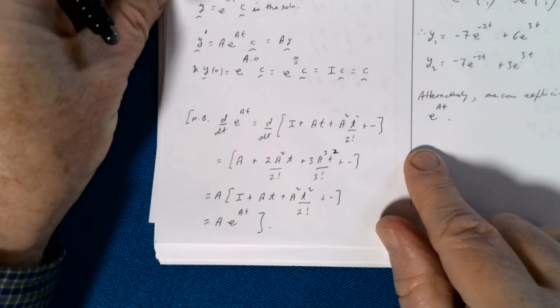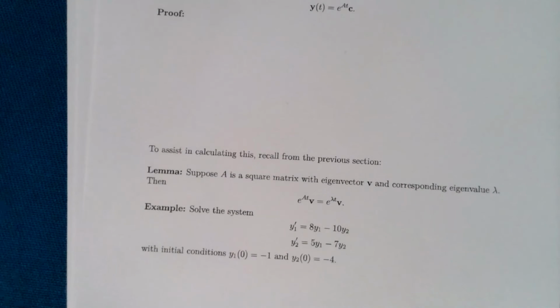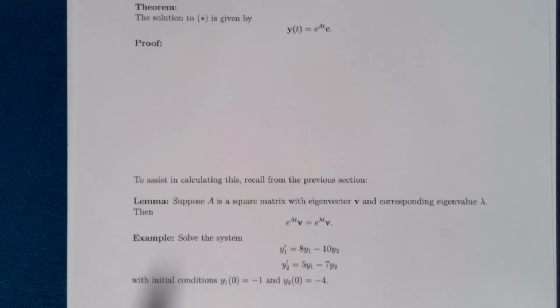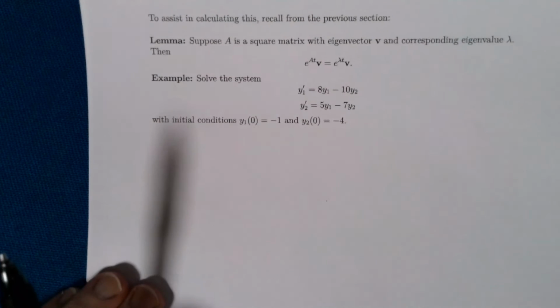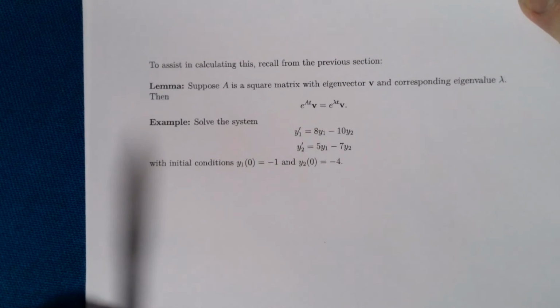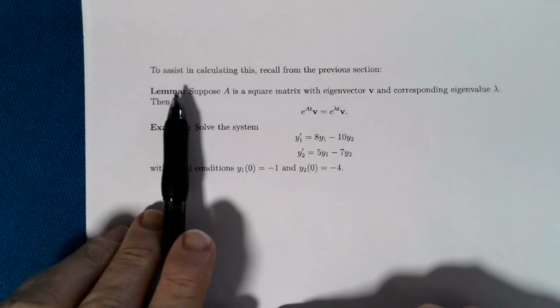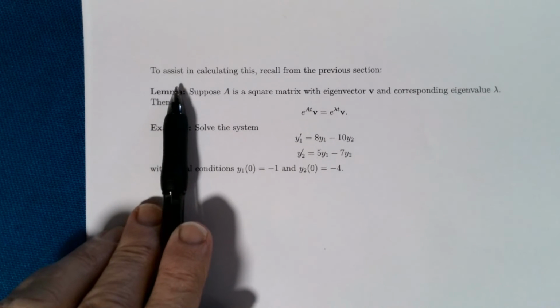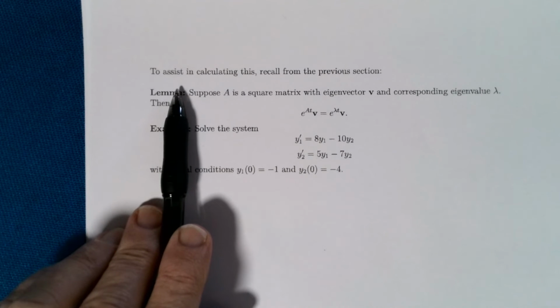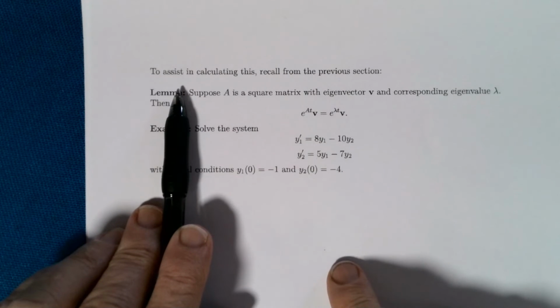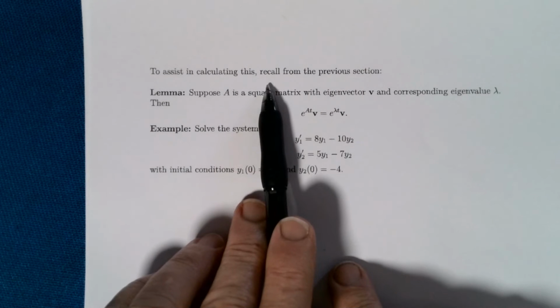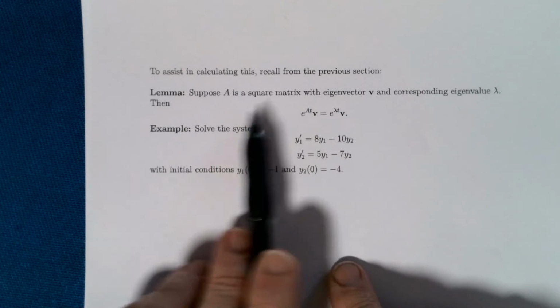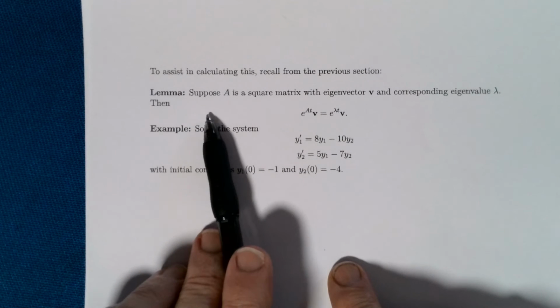So we can now go back and resolve this problem that we had before. But before doing that, to assist us in calculating e to the AT times c, because I don't want to work out e to the AT if I can get away with it, we recall the results from the previous section, when we were looking at exponentials of matrices.